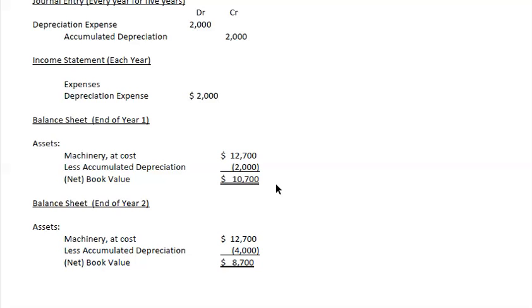All right, at the end of year two, what have we got? On the balance sheet on the assets, we've got machinery at cost, $12,700. Accumulated depreciation of what? $2,000 for the first year, $2,000 for the second year, gives us an accumulated depreciation of $4,000.